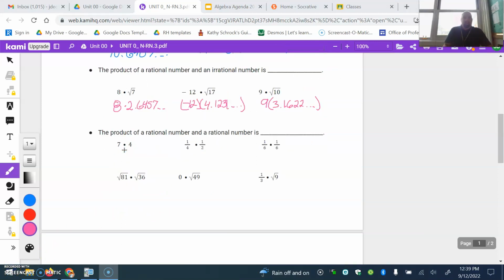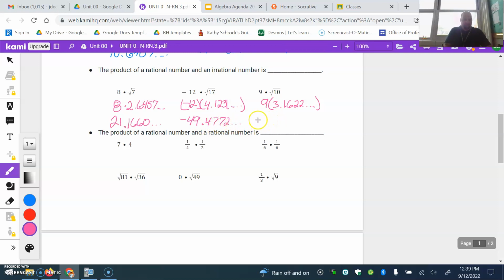Okay, so we're back. This time we're taking the product, so multiplication of a rational and irrational. I wrote out some different ways you can try multiplying these. So this time I used a dot, and we get 21.1660 dot dot dot. So it keeps on going. Here we get negative 49.4772 dot dot dot.